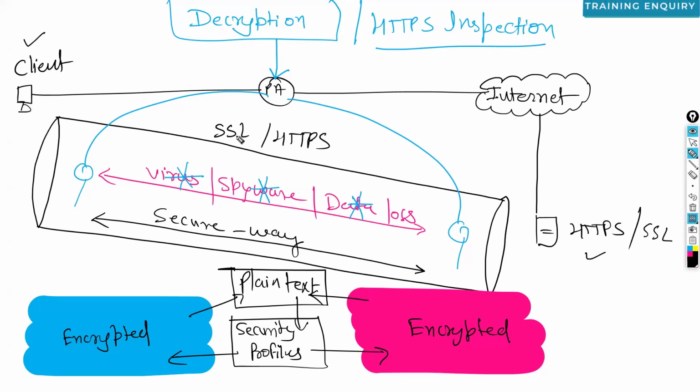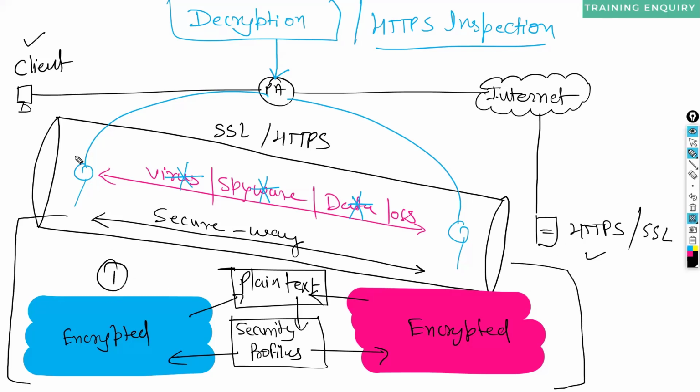Using SSL, they can bypass our firewall or IPS. But we want to control that the user should not be able to do an attack using an SSL tunnel or HTTPS tunnel. For that, we need to enable decryption. When we enable decryption, the firewall will not allow the client to directly establish a session with the server.